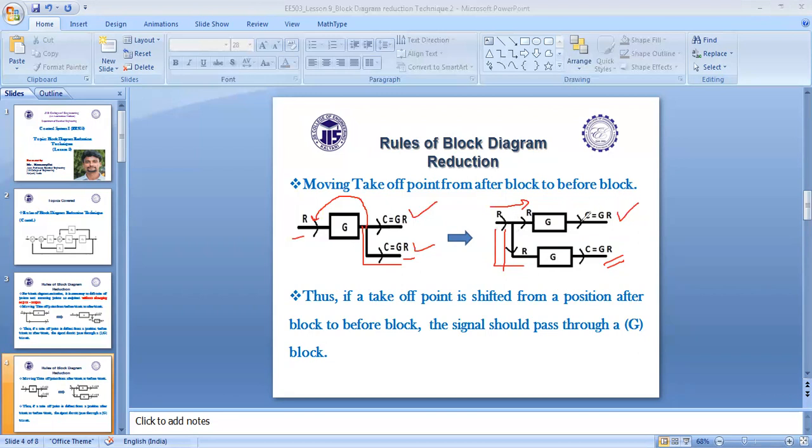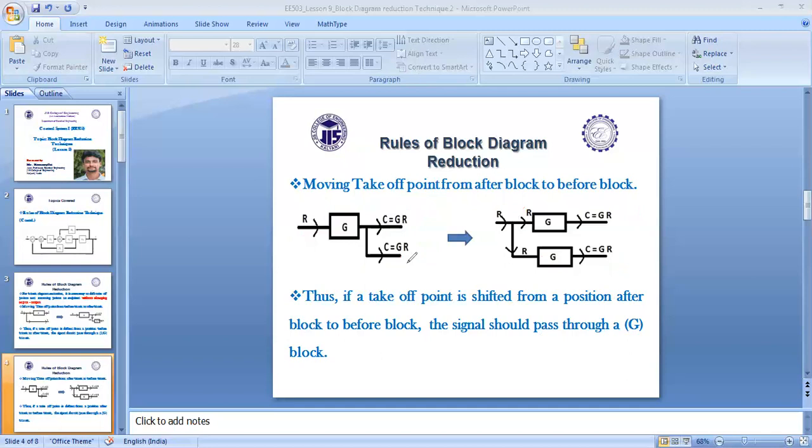So to keep the output unaltered and to shift the takeoff point from after the block to before the block, one must introduce one G block in between. So if a takeoff point is shifted from a position after the block to before the block, the signal should pass through a G block.